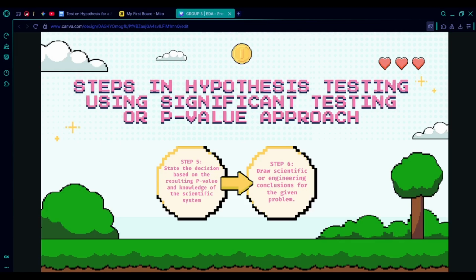Dito sa step 5, dun tayo nagde-decide kung i-reject ba natin or i-accept ang null hypothesis based sa conditions at sa result na p-value. After we decide, we will draw scientific or engineering conclusions for the given problem. In step 6, this will be our final answer in the problem. So now I have completed the steps in hypothesis testing using significance testing or the p-value approach.